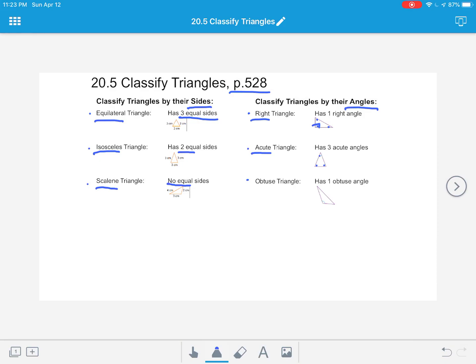Remember, the word acute means less than a right angle or less than 90 degrees. Then we also have the term obtuse triangle, which means that it has one angle that is obtuse inside the triangle. And remember, obtuse means more than 90 degrees or more than a right angle.